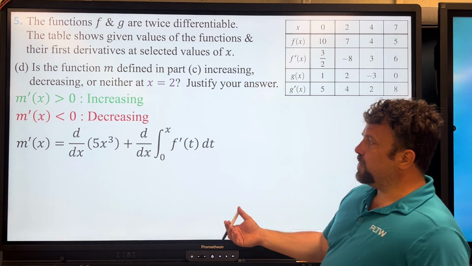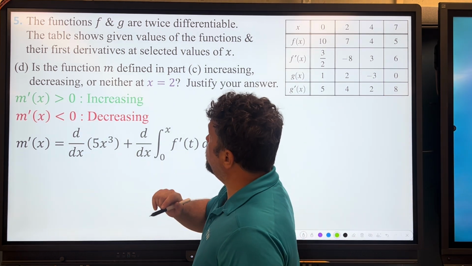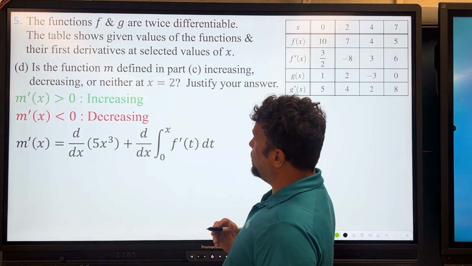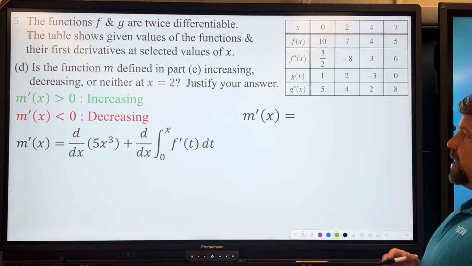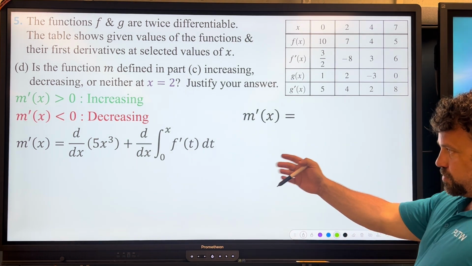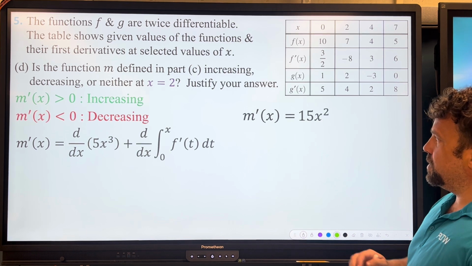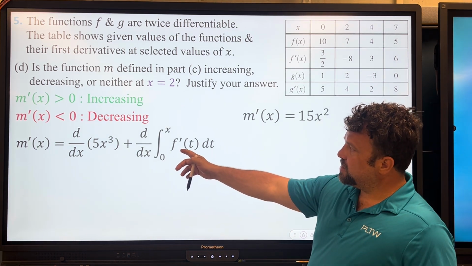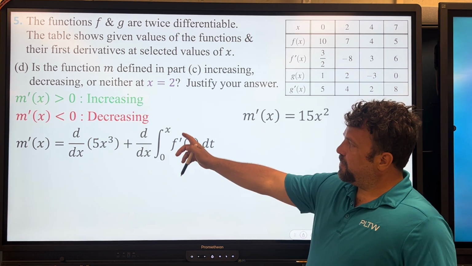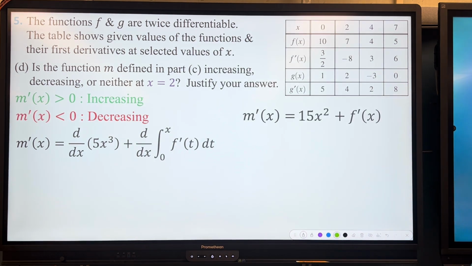Now here is the function, and you're going to have to differentiate it. The first thing you're going to do is differentiate the first part, and then the second part. When you differentiate 5x cubed, you get 15x squared. When you differentiate the integral, this is going to be f of x minus f of 0, so f prime x.